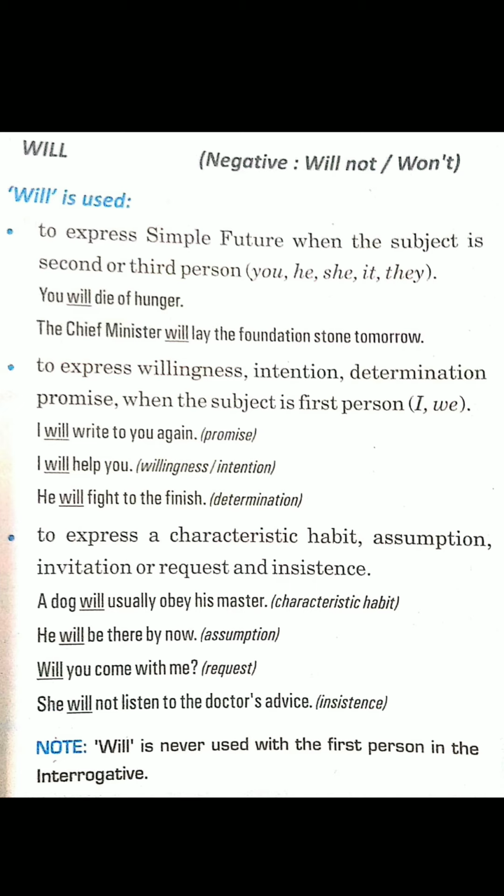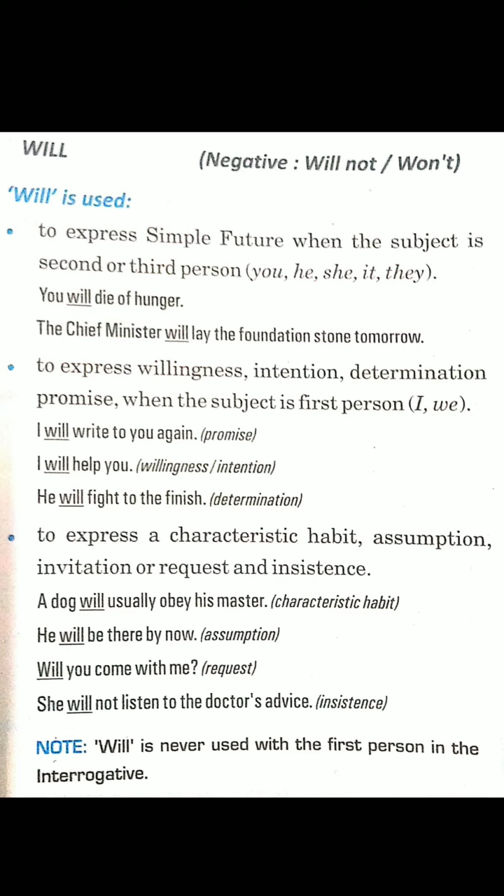That's how we are making assumption. Then, will you come with me? That is request. She will not listen to the doctor's advice. That is insistence. One more thing that you have to keep in mind is that will is never used with the first person in the interrogative. First person is what? I and we. We don't use will with the first person in interrogative.